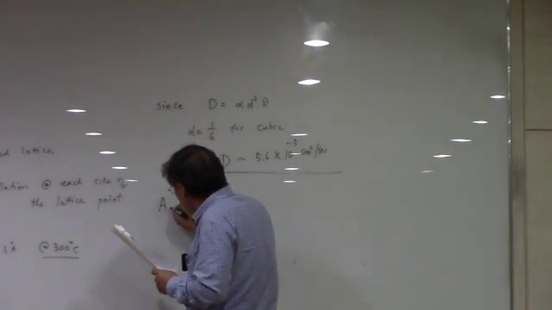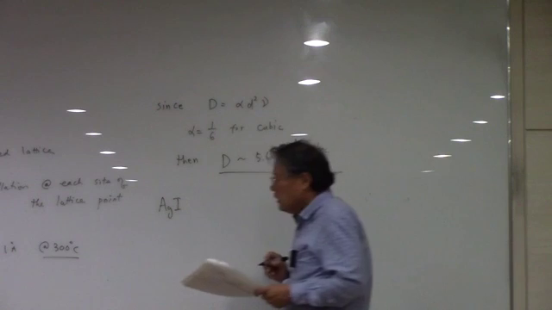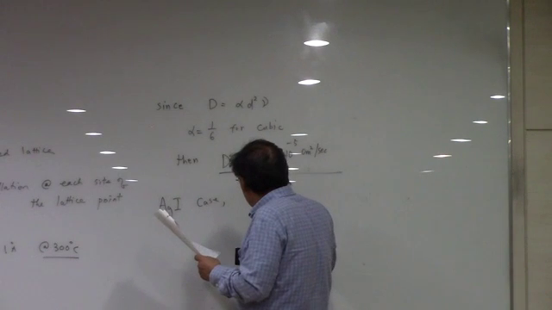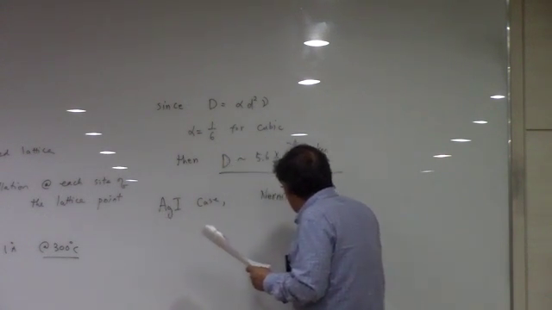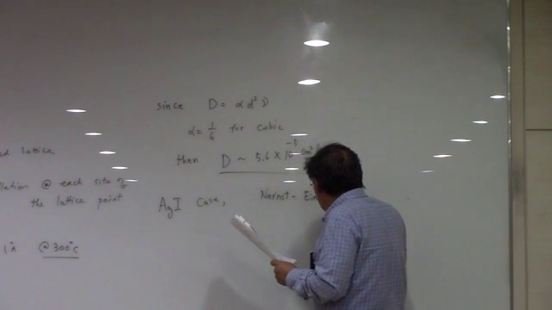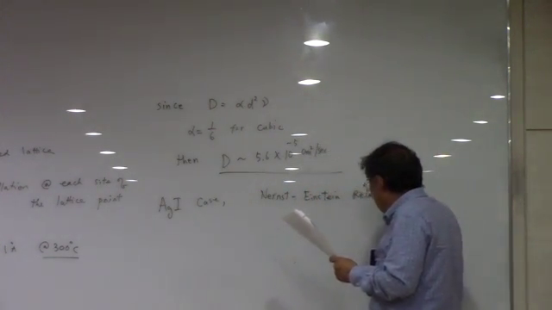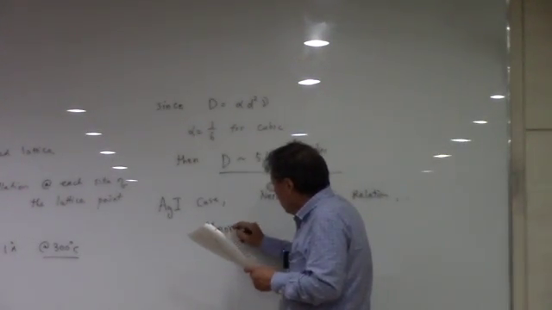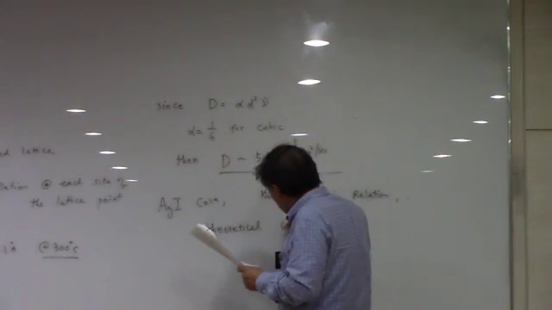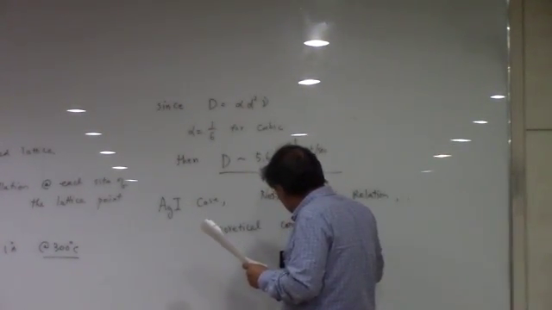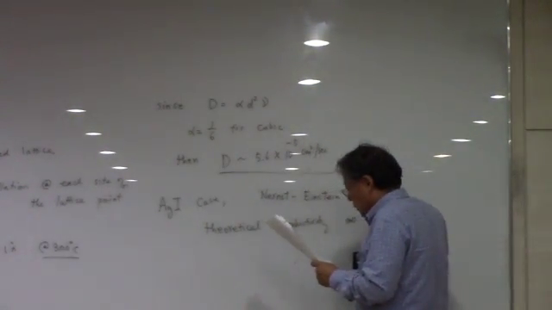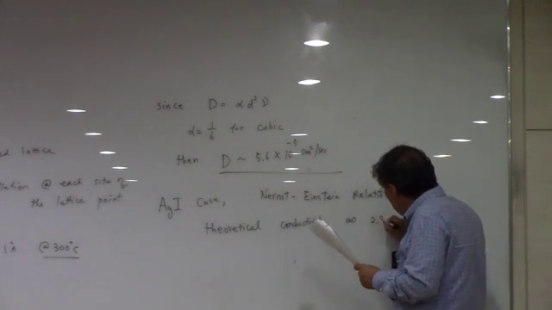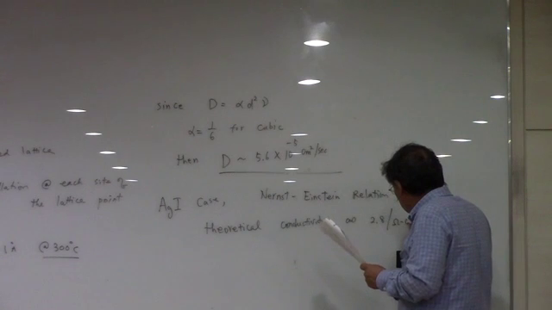Now, this is the case of silver iodide. Using the Nernst-Einstein relations, we can get the theoretical conductivity of 2.8 per ohm centimeter.